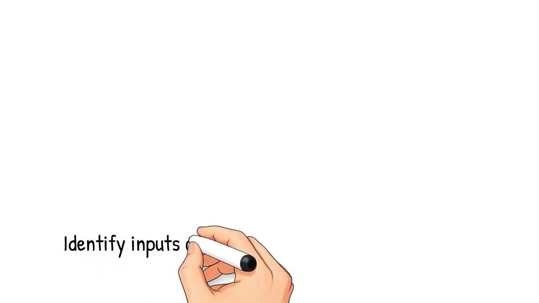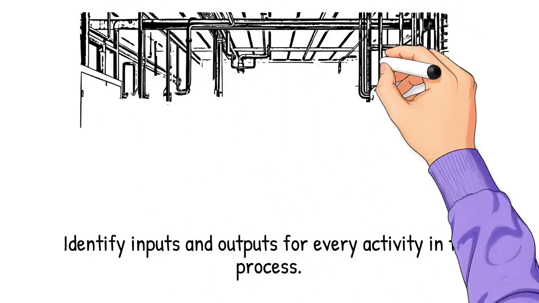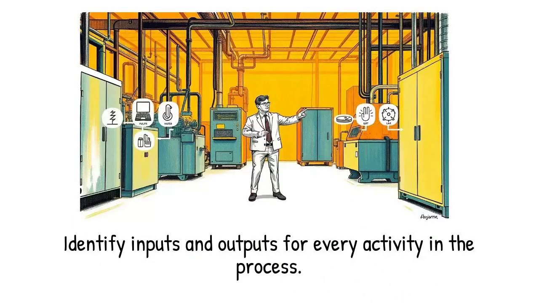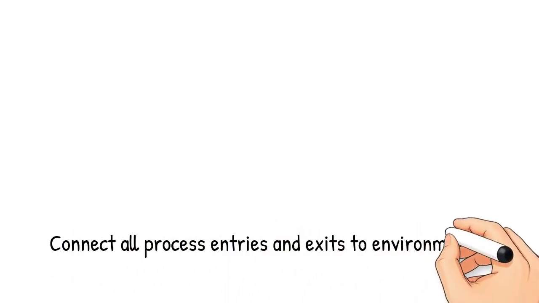The second step is to identify inputs and outputs of each activity. Inputs include electricity, fuel, water, chemicals, packaging, and raw materials. Outputs include emissions, wastewater, noise, heat, waste, leaks, spills, and even vibrations. If something enters or leaves the process, it is connected to an environmental aspect.